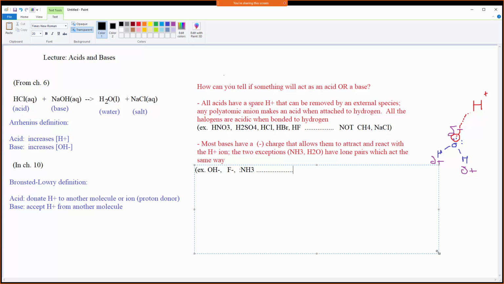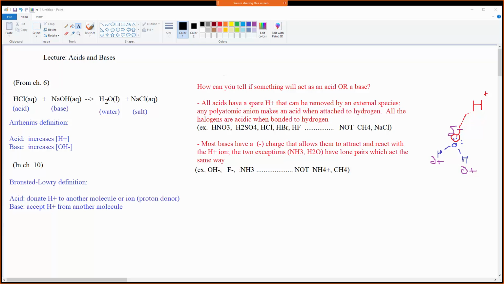Those are all bases, but not, for instance, NH4 plus, because it has a positive charge. It would never attract a positively charged hydrogen, right? And not CH4. Again, this is a covalent compound. It doesn't have a negative charge. It doesn't have a lone pair, that kind of thing. You with me so far?